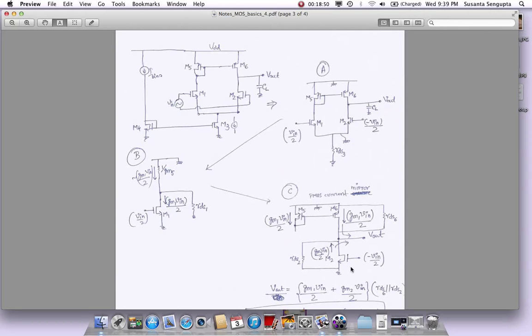Now let's see what is happening to this M2 here. So M2, whose source is AC ground, has an excitation of minus Vin/2. So if you have a minus voltage, normally whatever the VGS is, gm times VGS current goes down. But since VGS is negative, the current will actually go up, which will be gm2 Vin/2.